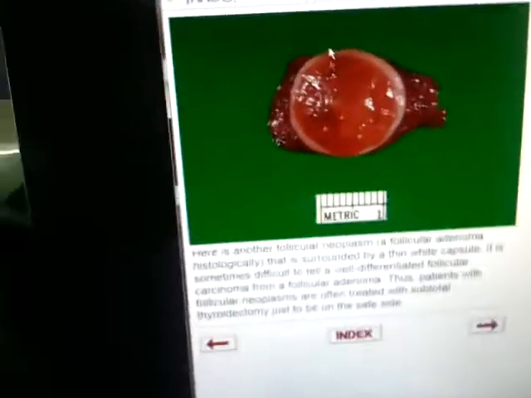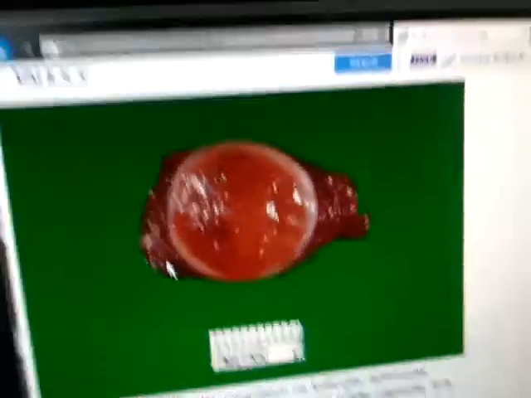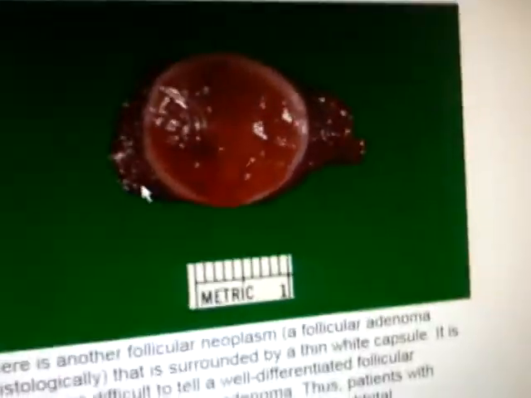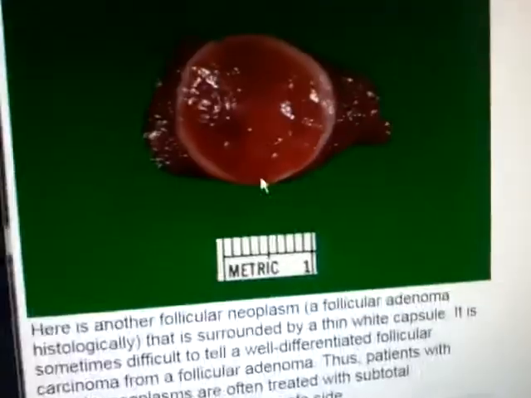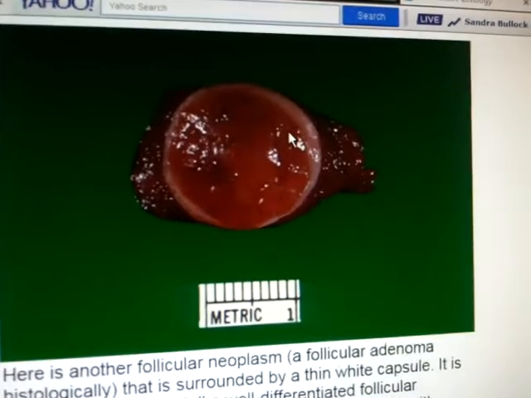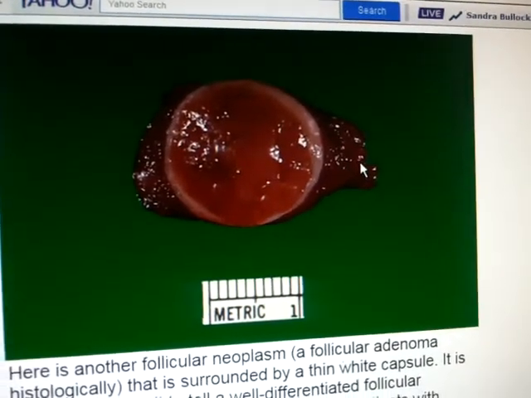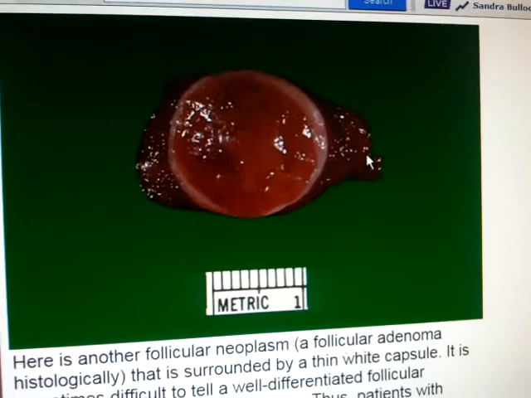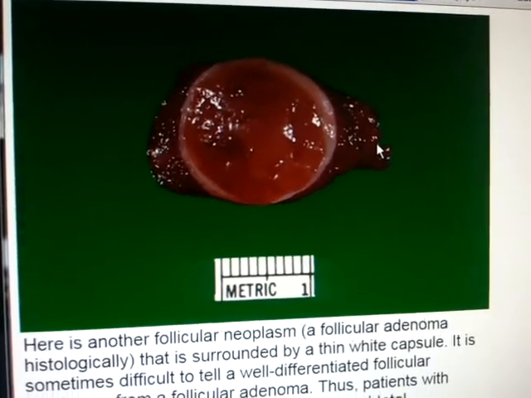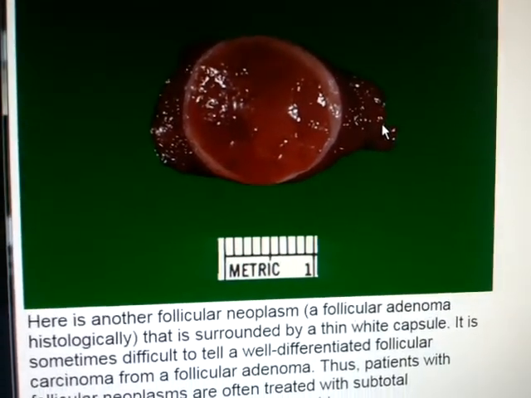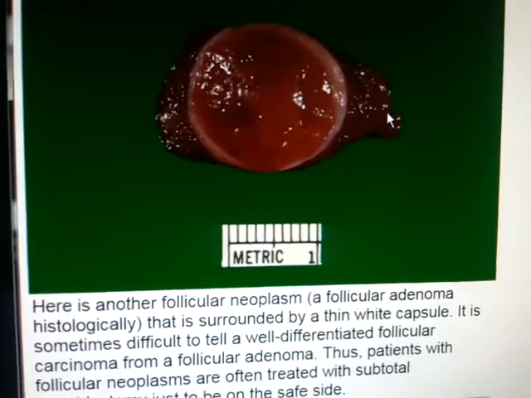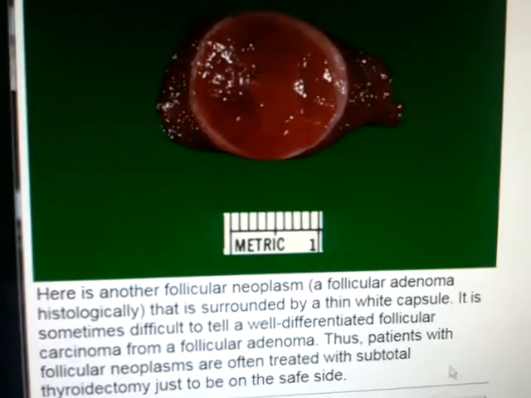It's sometimes difficult to tell a well-differentiated follicular carcinoma from follicular adenoma on gross examination. The difference between follicular adenoma and follicular carcinoma is the capsular or vascular invasion, which is difficult to assess by gross examination.